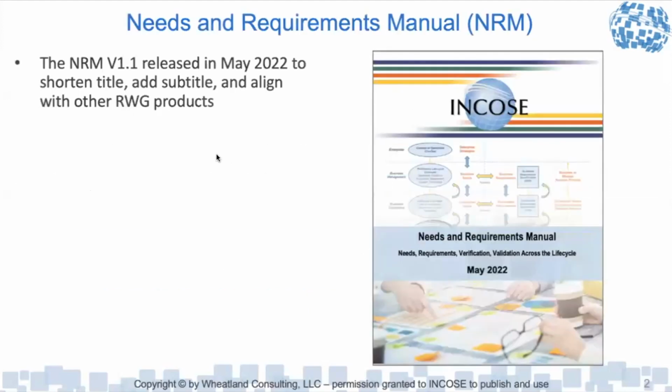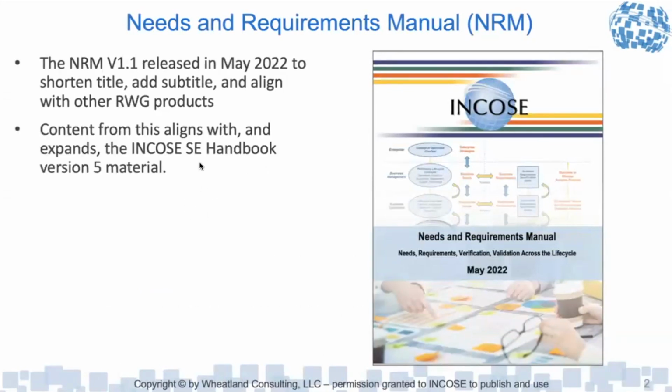The Needs and Requirements Manual that's available in the INCOSE store is the May 2022 version. The content aligns with and expands INCOSE SE Handbook version 5 material. I said version 5, which hasn't come out yet, but for the sections dealing with requirements, Mike Ryan and I are the authors of those sections.